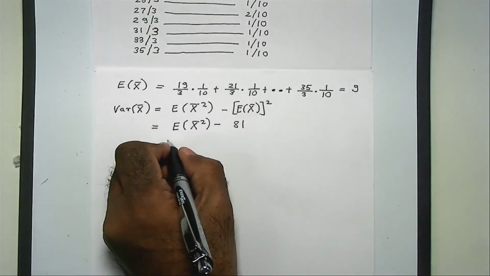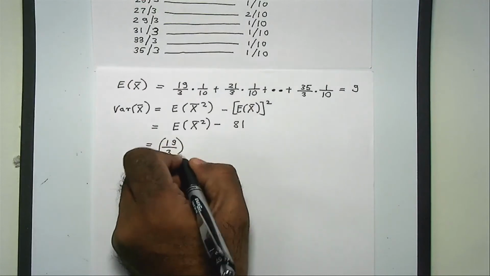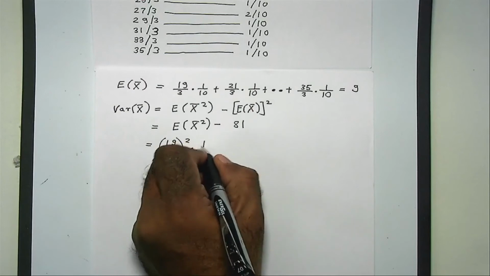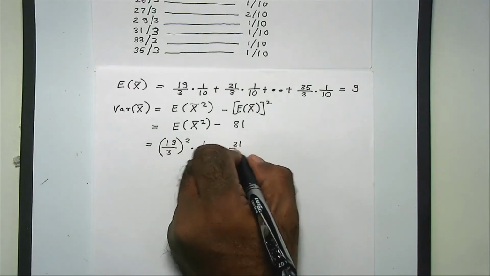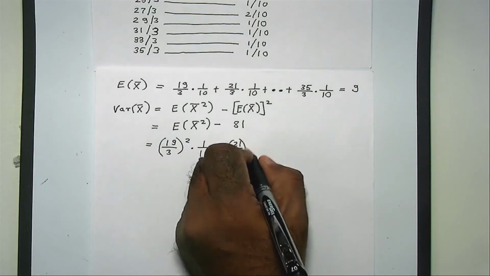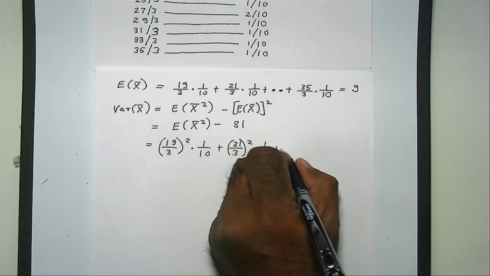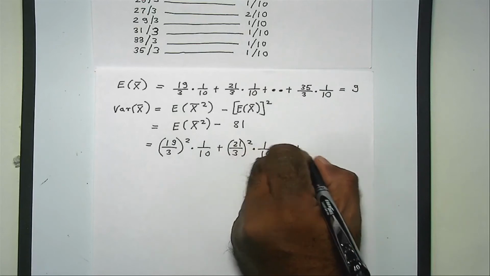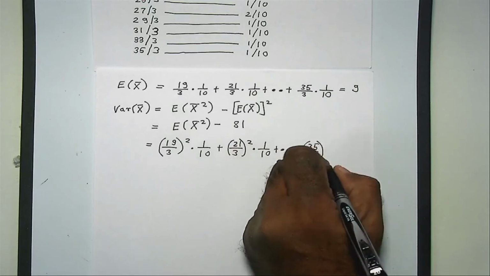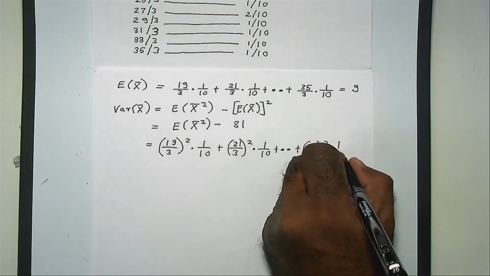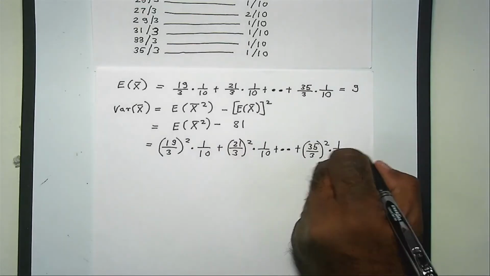So it's gonna be what you do, and then you subtract 81.